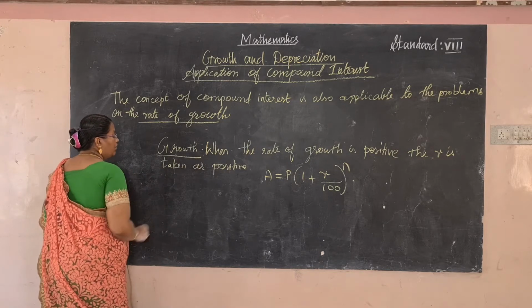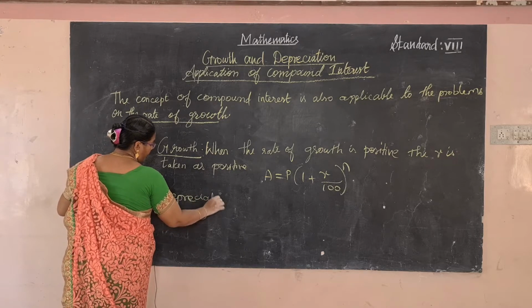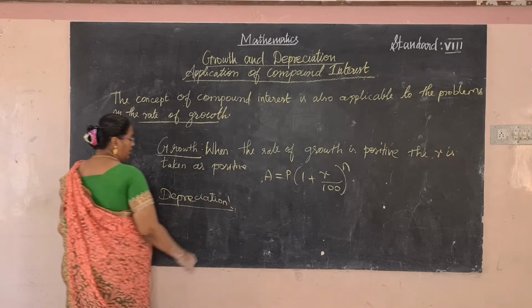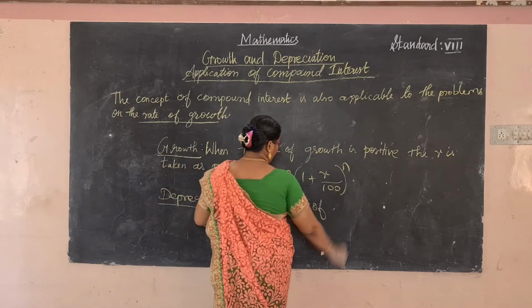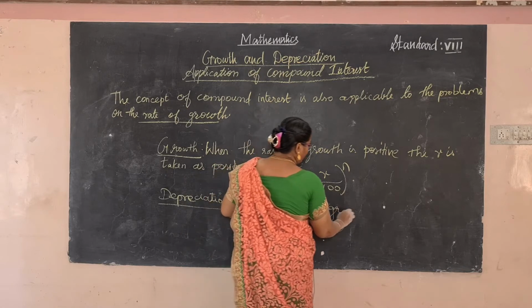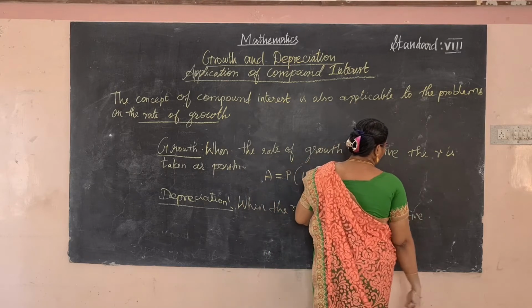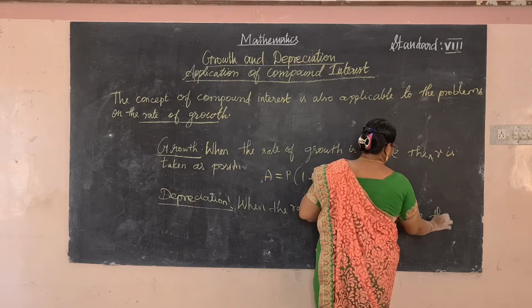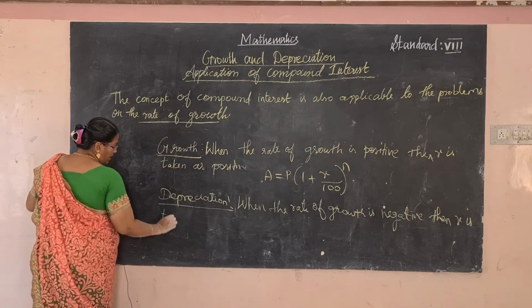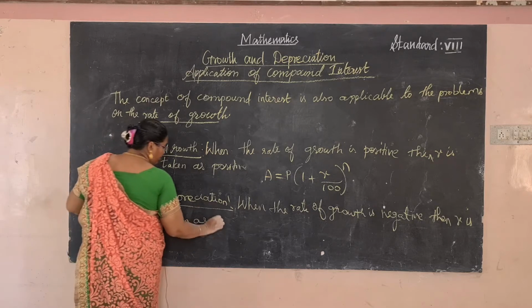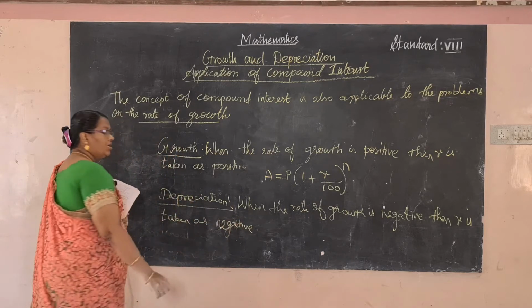Next, depreciation. When the rate of growth is negative, that means depreciation, then R is taken as negative.